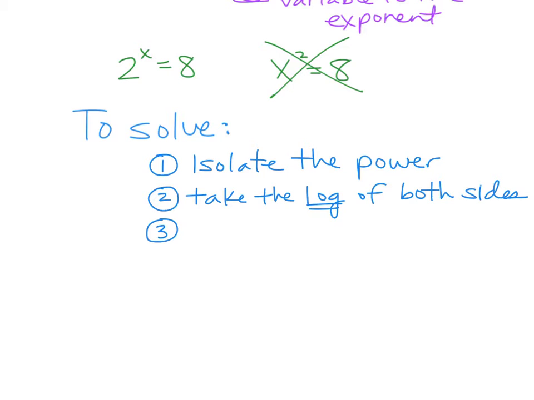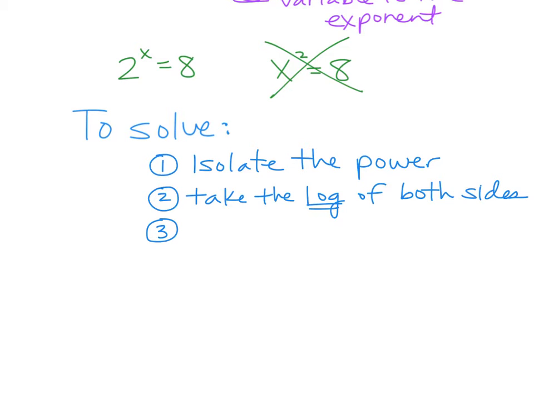The reason being, exponents and logs are inverses of each other, right? So if I said x squared equals 16, and I want to solve that, I need to take the inverse by taking the square root of x squared, right? That's the inverse of x squared. Logs and exponents are inverses of each other. So if we're trying to get the exponent, the variable, figured out, we're going to take the inverse by taking the log of both sides.